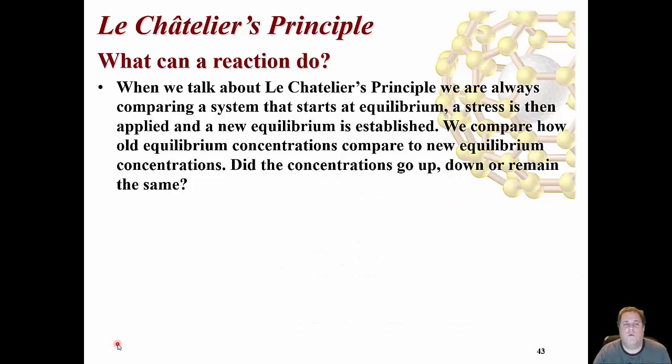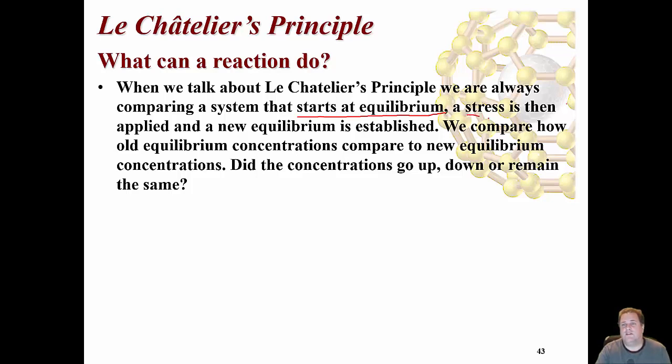The other thing we want to be sure that we're looking at when we're talking about Le Chatelier's principle is that we're always talking about a system that's already reached equilibrium. So we come across a system that's already at equilibrium. We've run the reaction, whatever mixture, we're now at that equilibrium point.